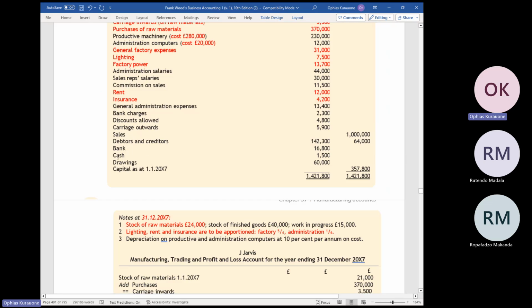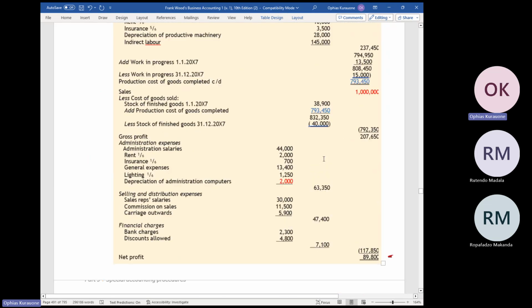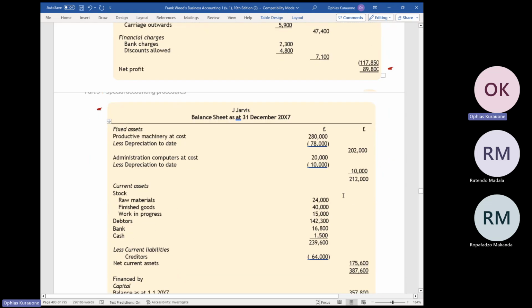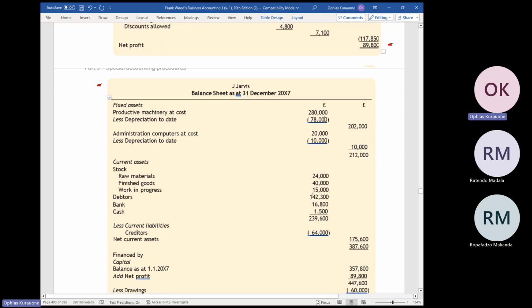Cash is your asset. The drawings usually reduce the capital. You are making drawings time after time to reduce your capital. So when you come here, you find 24, 40, 15. All our stock, our inventory, consists of raw materials, finished goods, and work in progress. You should take care of that.